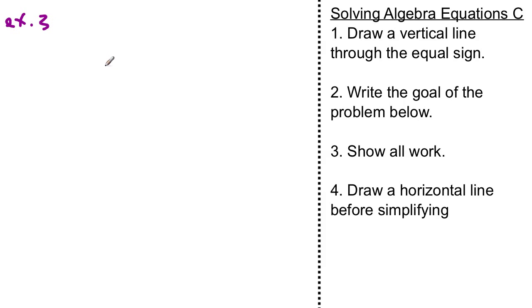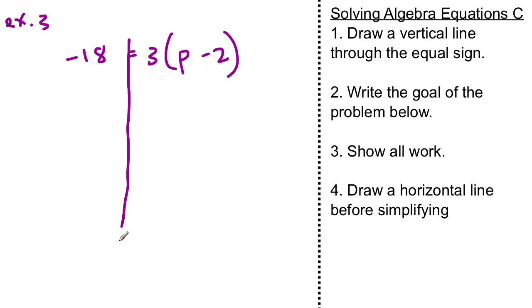Okay, on example 3, the problem is negative 18 is equal to 3 times p minus 2. Okay, so we got our vertical line. We'll write in our goal that p is equal to a number.